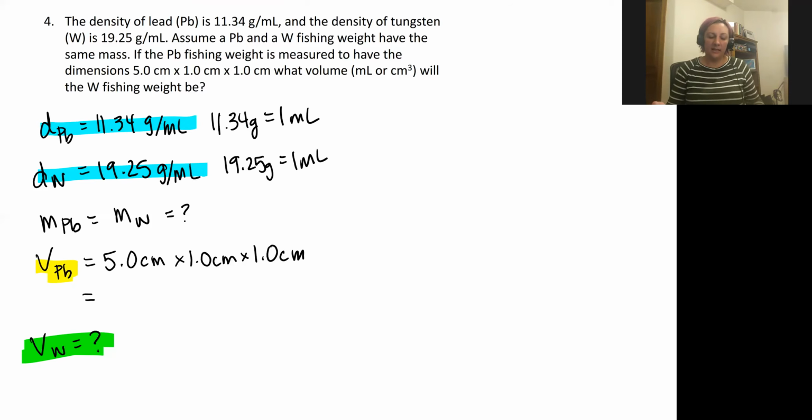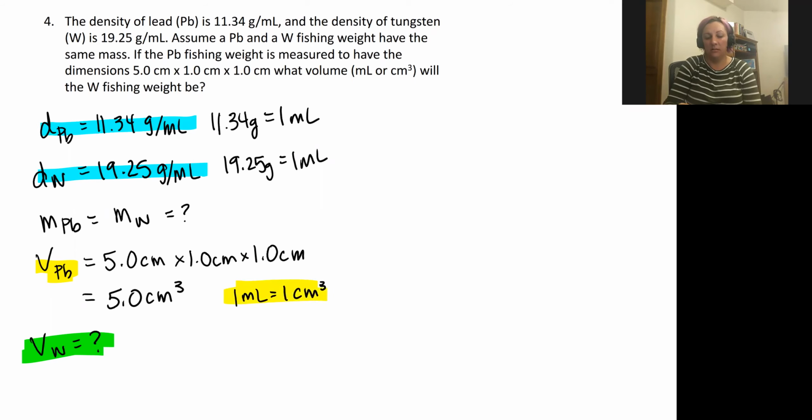So calculating that out, this 5 centimeters by 1 centimeter by 1 centimeter, I can calculate a volume that's 5.0 centimeters cubed. It's useful to note that 1 milliliter equals 1 centimeter cubed, or cc, right?